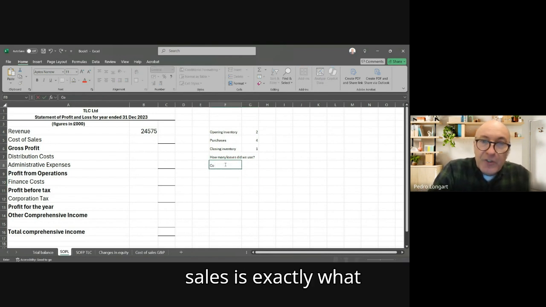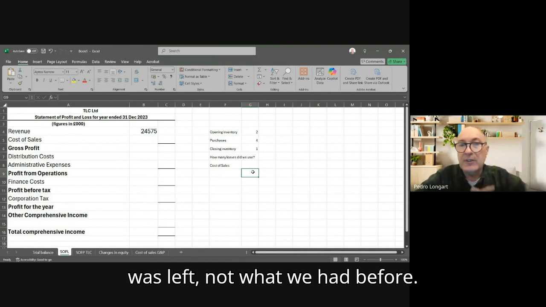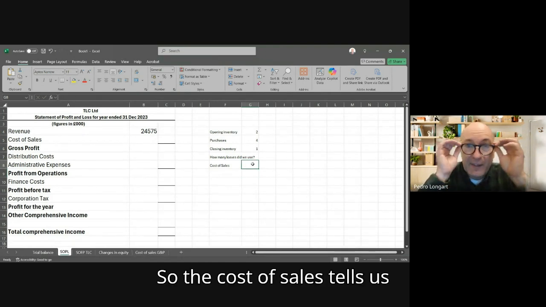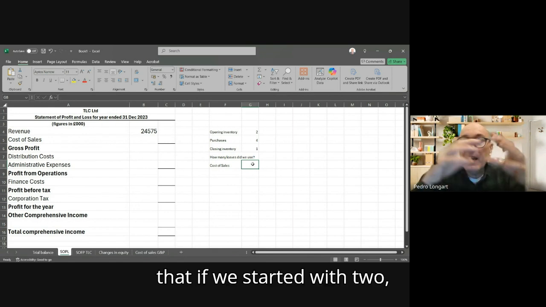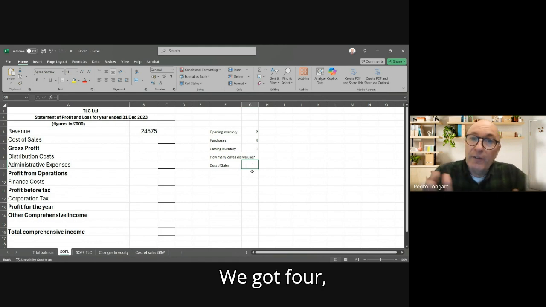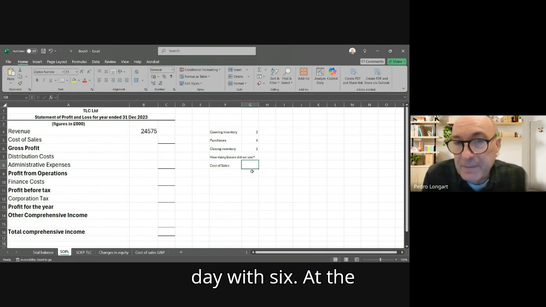The cost of sales is exactly what we used, not what was left, not what we had before. So the cost of sales tells us that if we started with 2, and we got 4, we may have started the day with 6.